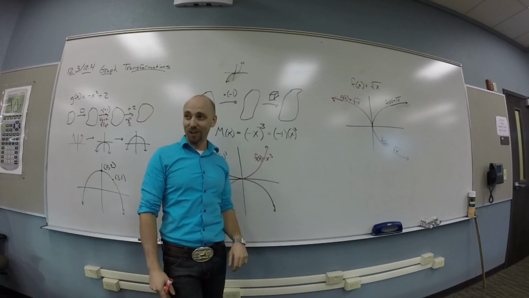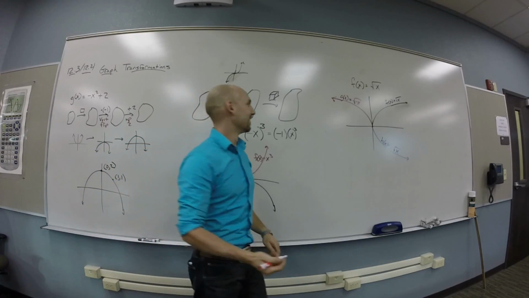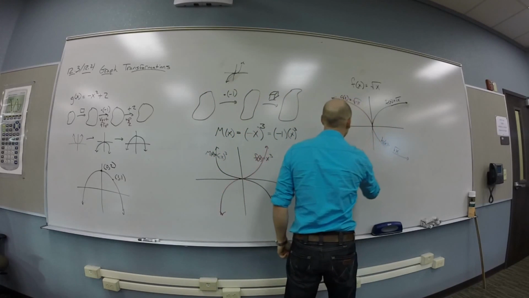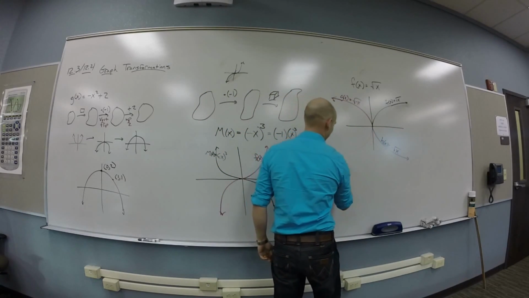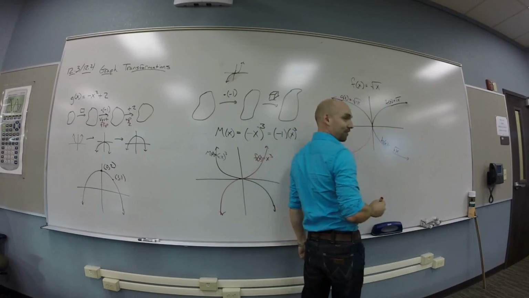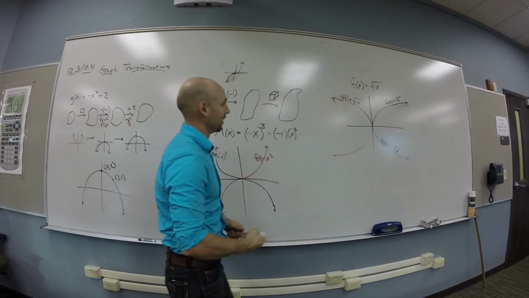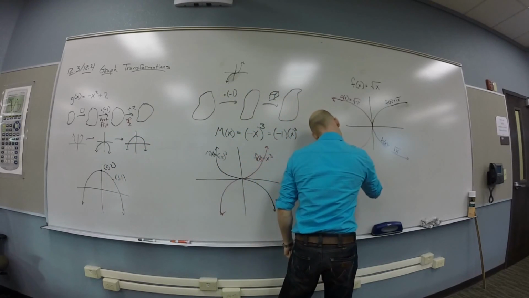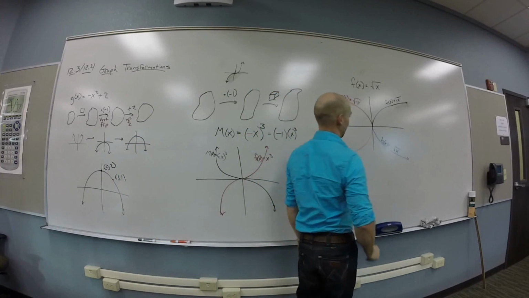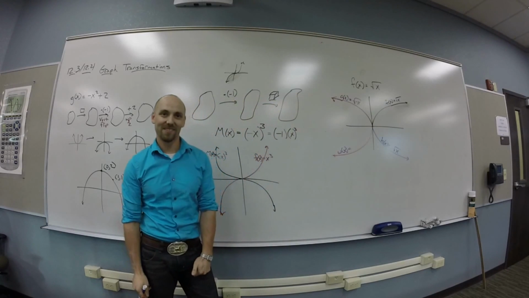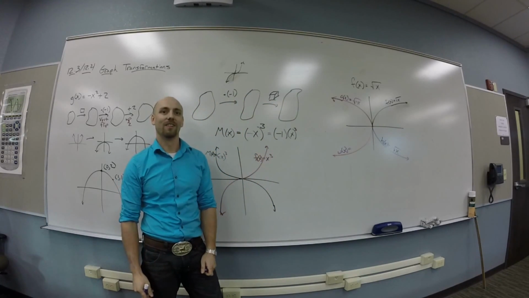There's an obvious hole in my picture, right? That's this one. And we should call that one w of x because it's really weird. And that's what now? Negative square root of negative x.